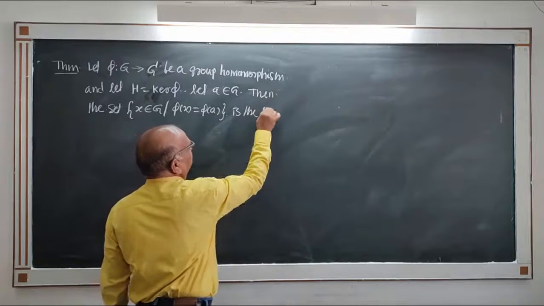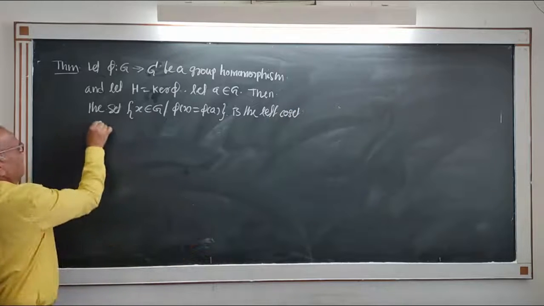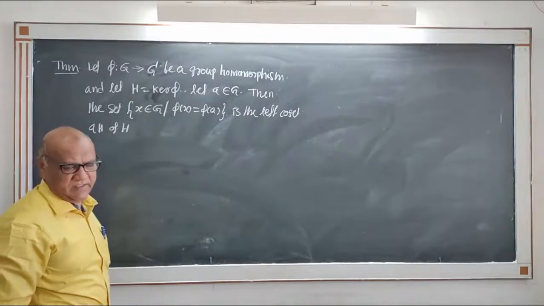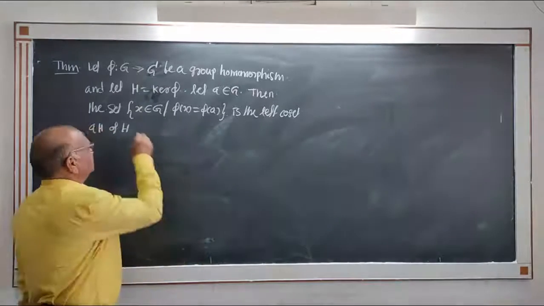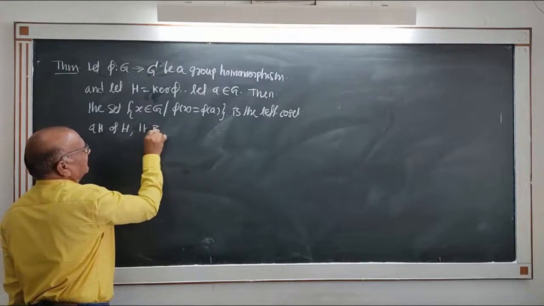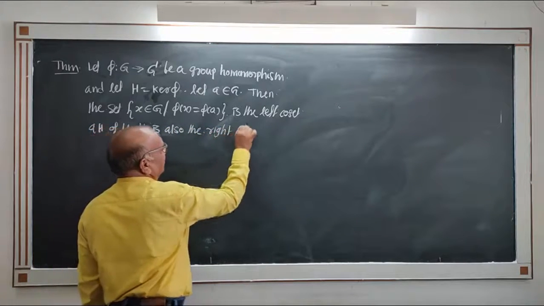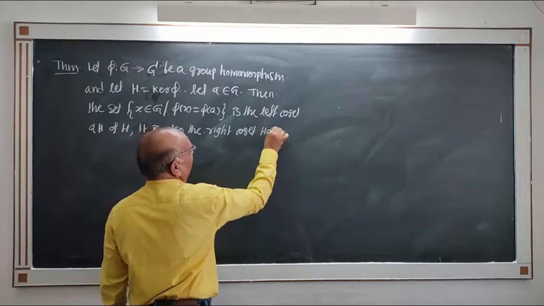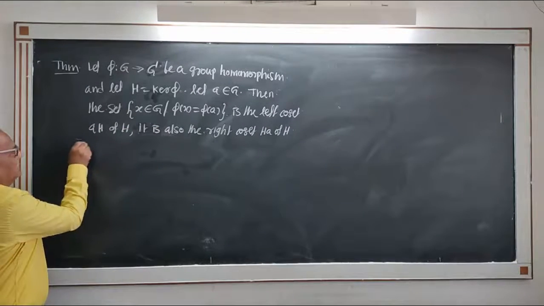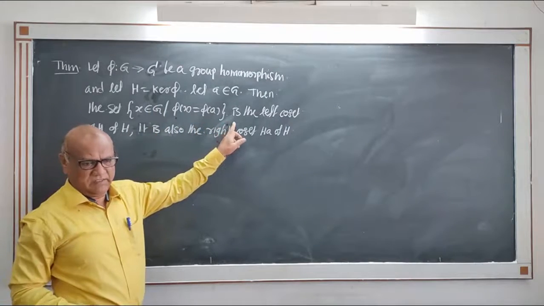is the left coset AH of H. It is also the right coset HA of H. That means this set is equal to AH, and also equal to HA.